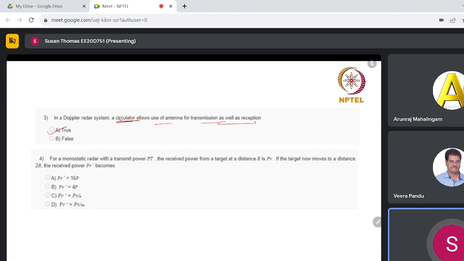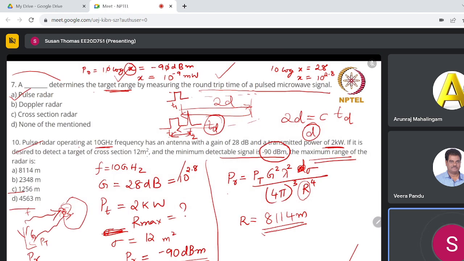Now moving to the next question. For a monostatic radar with a transmit power PT, the received power at a distance R is PR. The target now moves to a distance 2R. What will be the received power PR dash? Let's look at this equation again. You will notice the received power PR is proportional to 1 by R raised to 4.